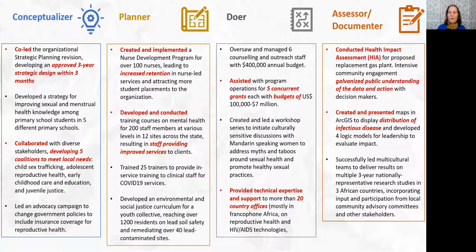In the second one under planner, we can see the second bullet talks about developing and conducting training. And this person did a good job with following my recommendations to always have not just the who, what, when, where, and why questions, but answer also including volume, frequency, duration, continuity, periodicity, how much, how often, over what period of time, to whom.